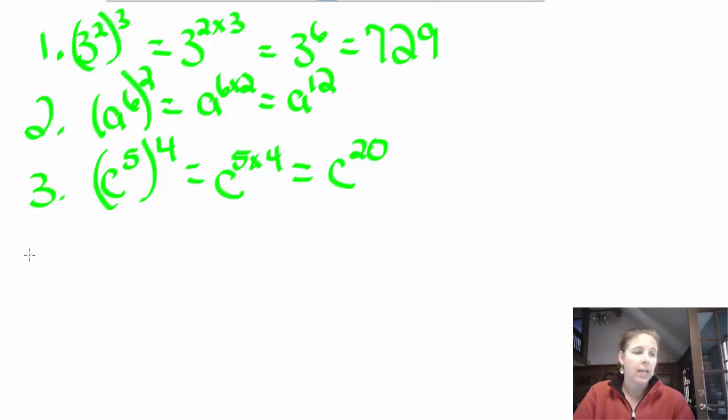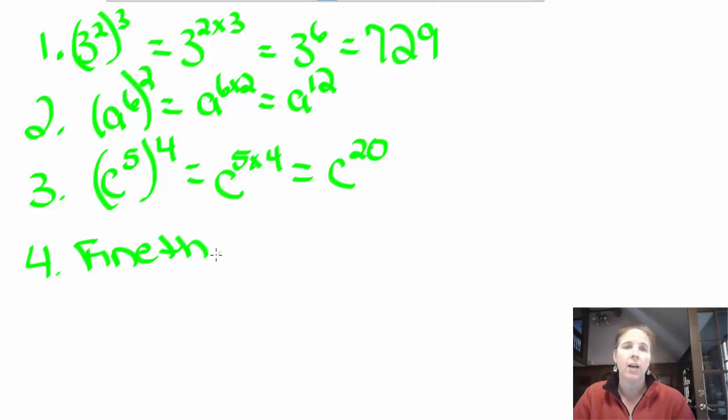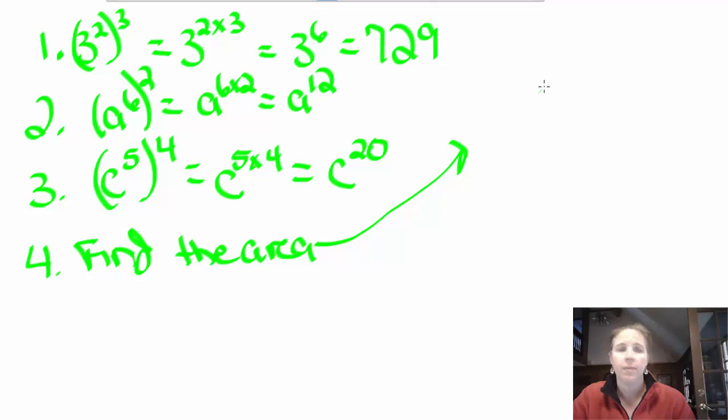Okay. The last one I'm going to do is, there are some where you have to find the area. Find the area, and I'm actually going to draw it up here. x by 2x.